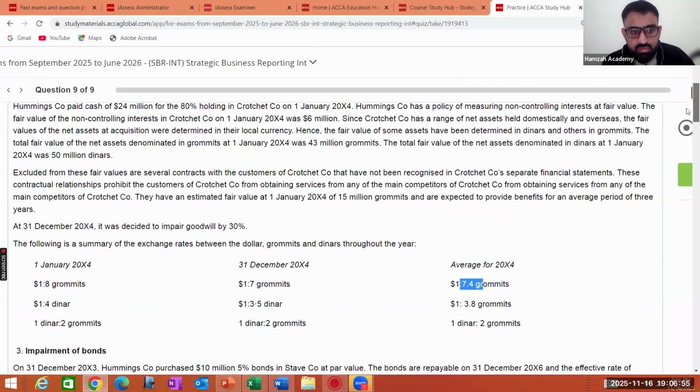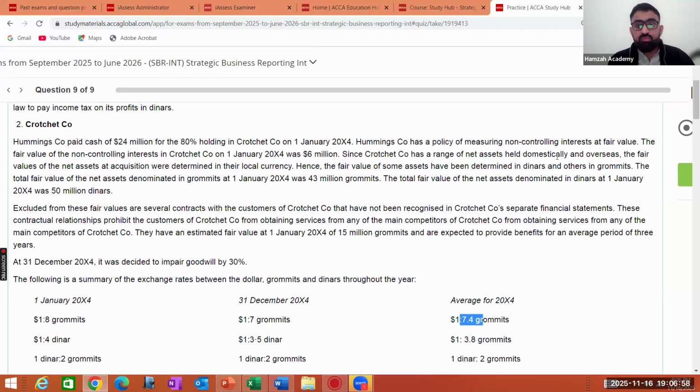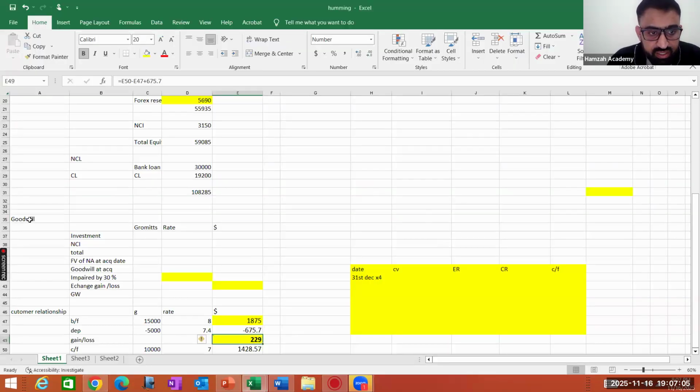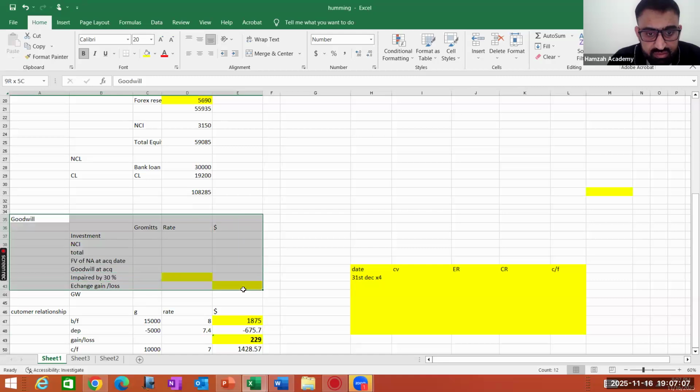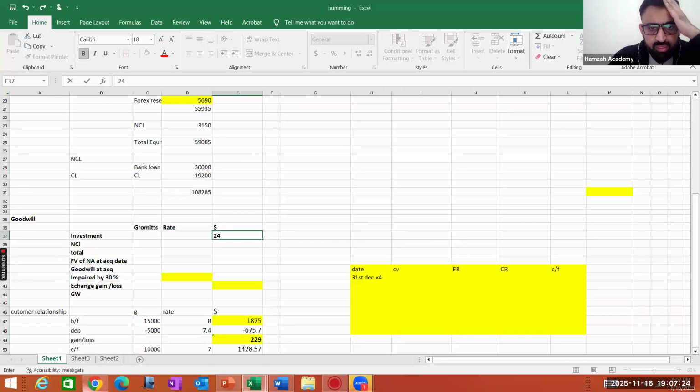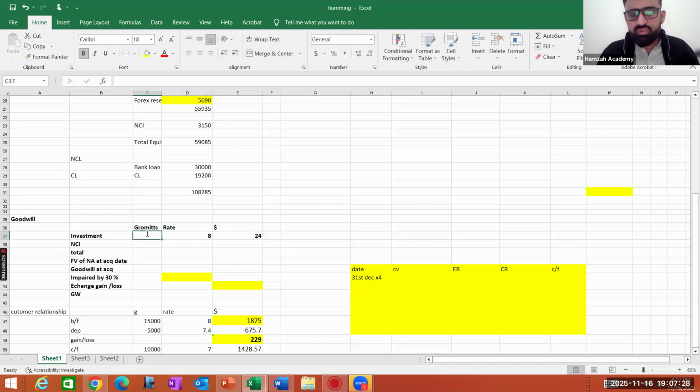Now, for that purpose, again, we will be using exhibit number 2, and here we have the working of goodwill. Investment in the C company in terms of dollar is 24, but it will be translated using the rate at the date of acquisition.